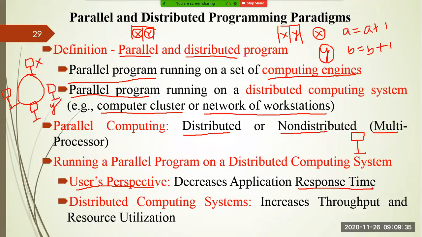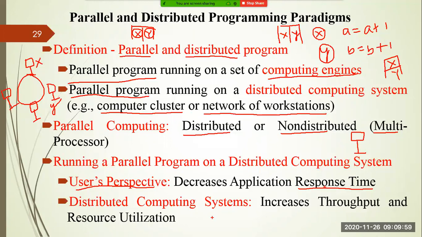Earlier what happened? The response time is more. If parallelism is not there, response time is more because you have to execute X, this instruction, then only you execute Y. But with the help of this system, you can execute X and Y in parallel. That's why it is saying it decreases application response time.